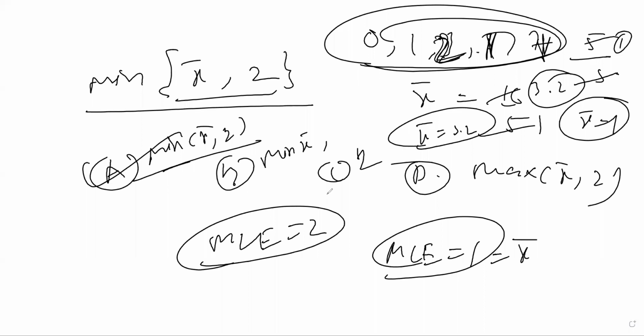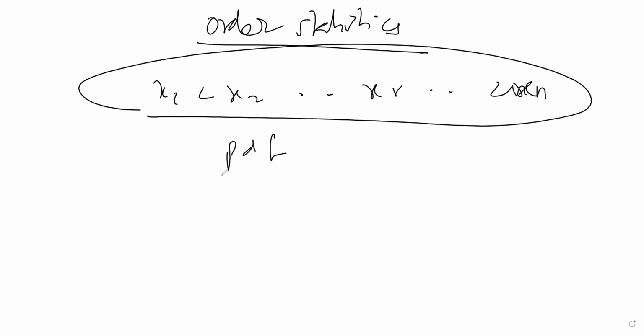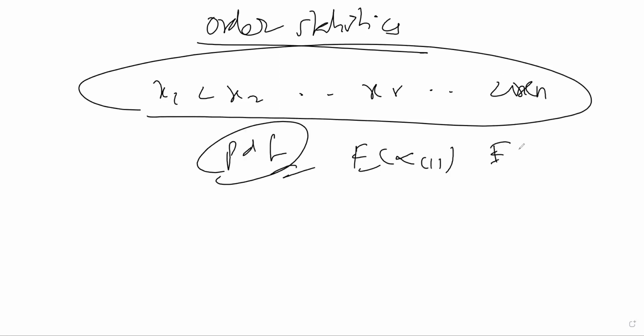See, today I have introduced order statistics. So you should know x1, x2, xr, xn and their PDFs. Sometimes you need to find the expectation of x1, sometimes the expectation of xn.